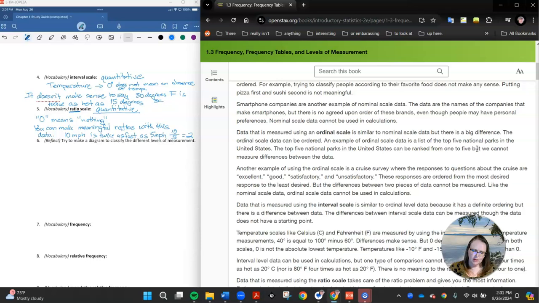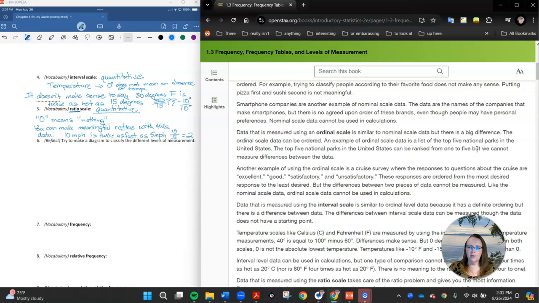Like 30 over 15 doesn't mean anything. And especially when you start looking at negative numbers, this just doesn't make sense. So what does this ratio mean? Negative 10 degrees to positive 10 degrees. So that ratio is a -1. It's -1 times as cold. It doesn't make sense to talk about ratios when we're using temperature.